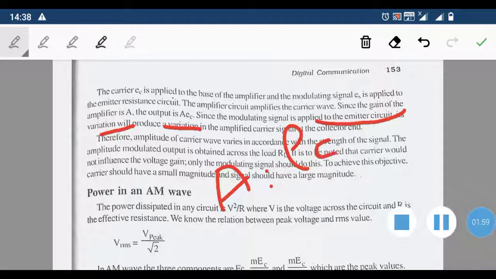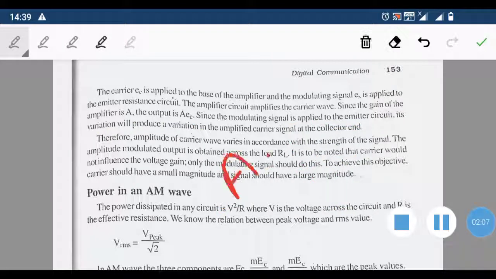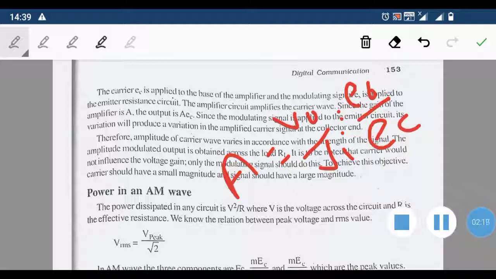Here the input voltage is EC and the output voltage is EO. So the gain of a circuit is given by VO divided by V in, where VO we can write as EO, and V in we can write as EC here. So the output voltage will be equal to A into EC.